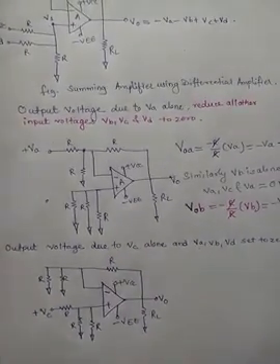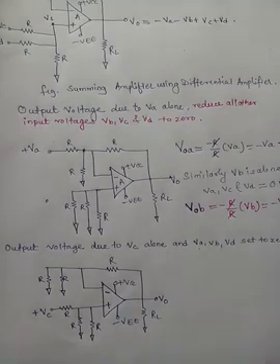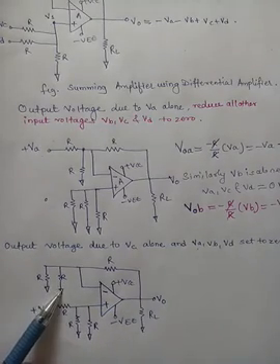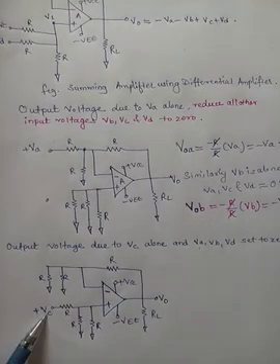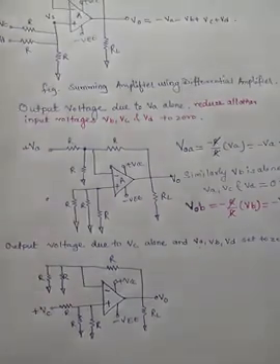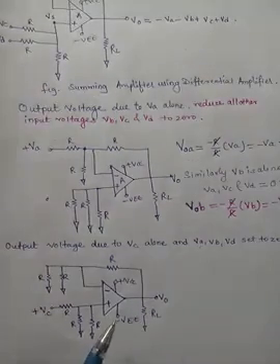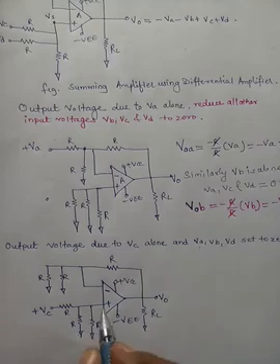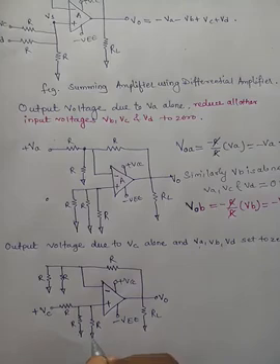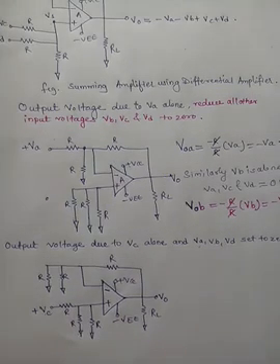So the circuit will now reduce to this type of circuit: VA reduces to 0, VB reduces to 0, VC is present, VD reduces to 0, and this is the resistor R present here. We want to find the output voltage. These two resistors we have drawn separately, but both are in parallel combination.